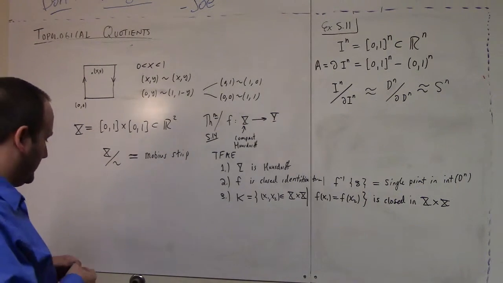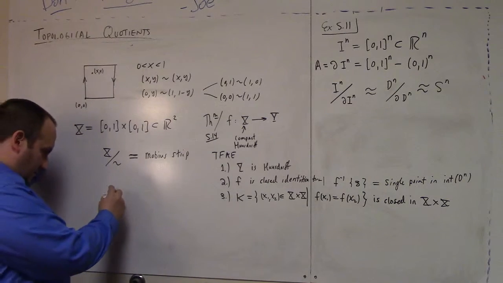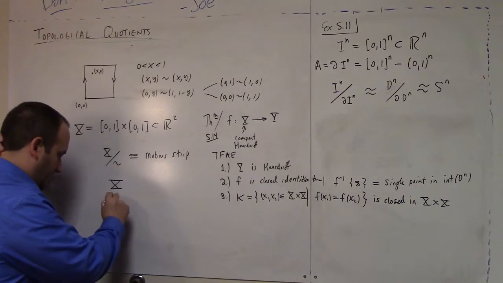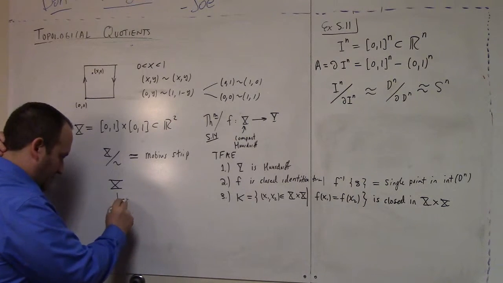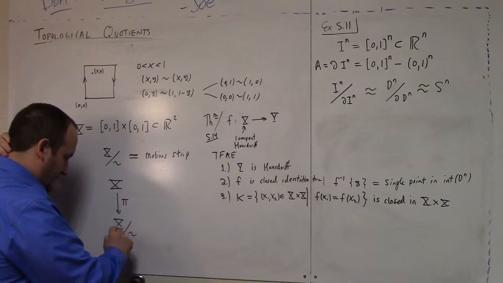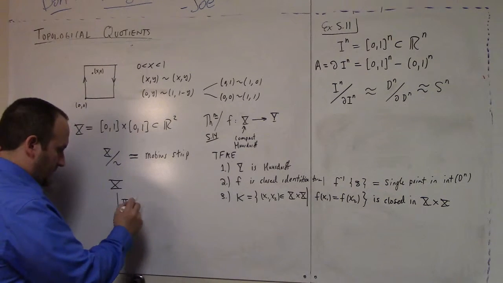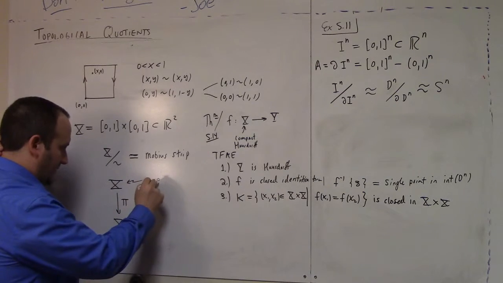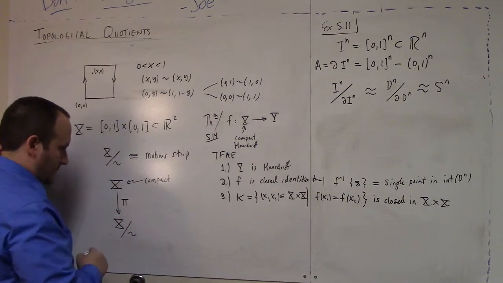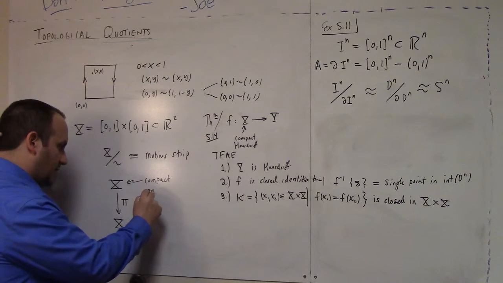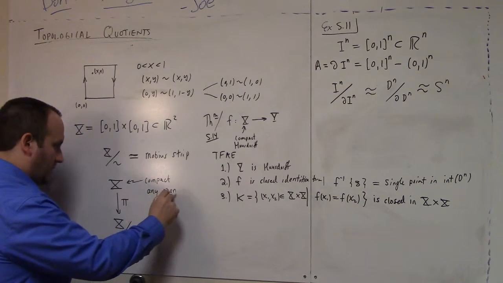If you have a quotient space, and so there's a projection, the projection's an identification onto this. If this is compact, what does that mean? Every open cover has a finite subcover.